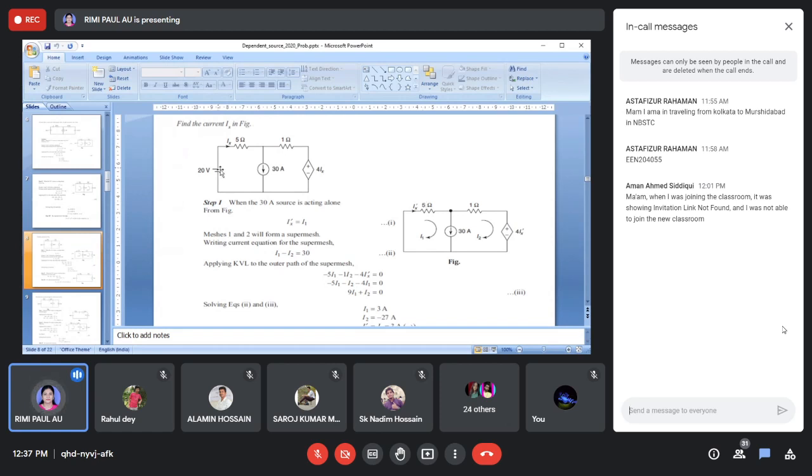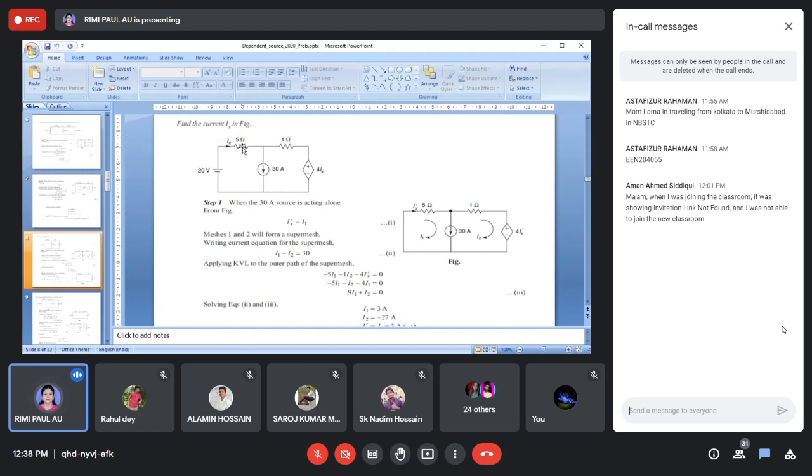First you have to short. Actually two sources are acting, but we cannot touch this dependent source because it depends on this branch current. The question is to find the current Ix, so you have to find Ix prime.